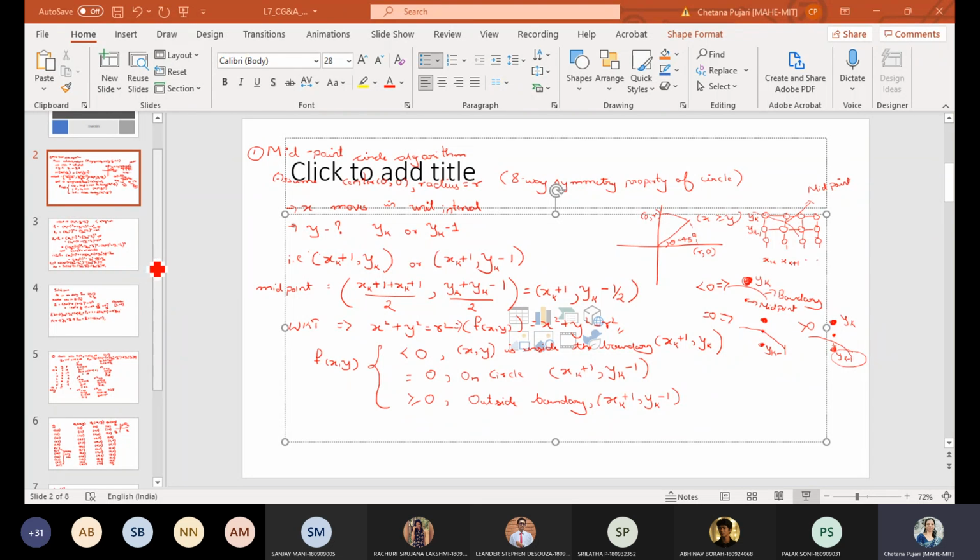So dA is the distance between the center and point A, and dB is the distance between the center and point B. This is at yk, and this is at yk minus 1. Similarly, this is xk, and this is xk plus 1. Fine?